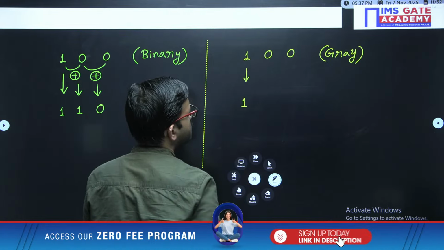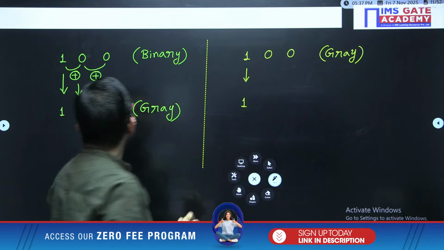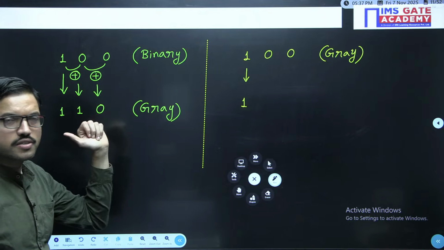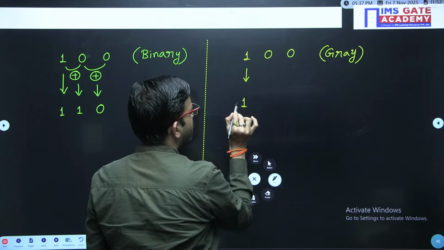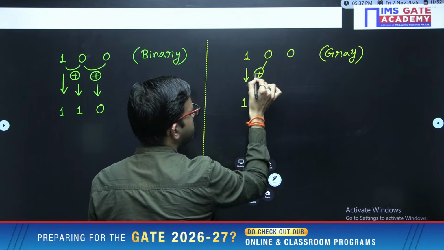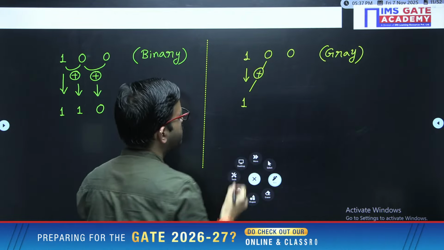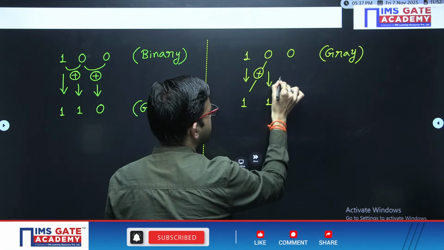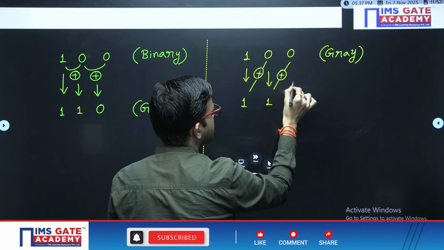So the MSB is going to be 1. Earlier, in binary to gray code, among the successive bits you were performing XOR. Whereas here, whatever bit you currently got, you have to perform XOR with the next successive bit. 1 XOR 0 is what? 1. Then 1 XOR 0 is what? 1.